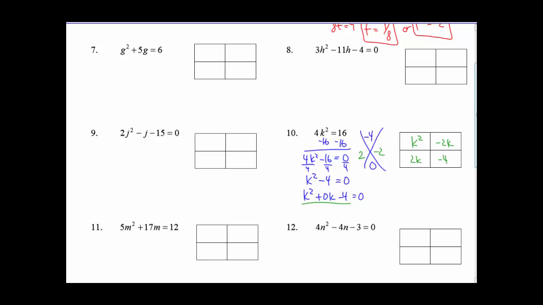When we factor out, you should get k plus 2, k minus 2. So our factors are k minus 2 times k plus 2 is equal to 0. Set those equal to 0, and solve for k. So you should have gotten k equals 2 or k equals -2.